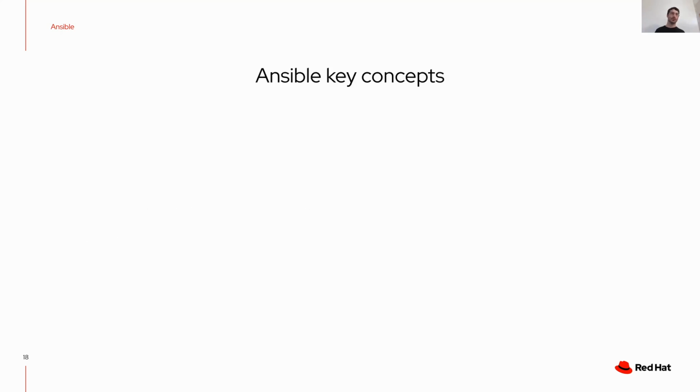Now, there are some key concepts in Ansible that are important to remember. The first one is host. A host is the target system that needs to be automated. The second is group, which is a group of hosts.